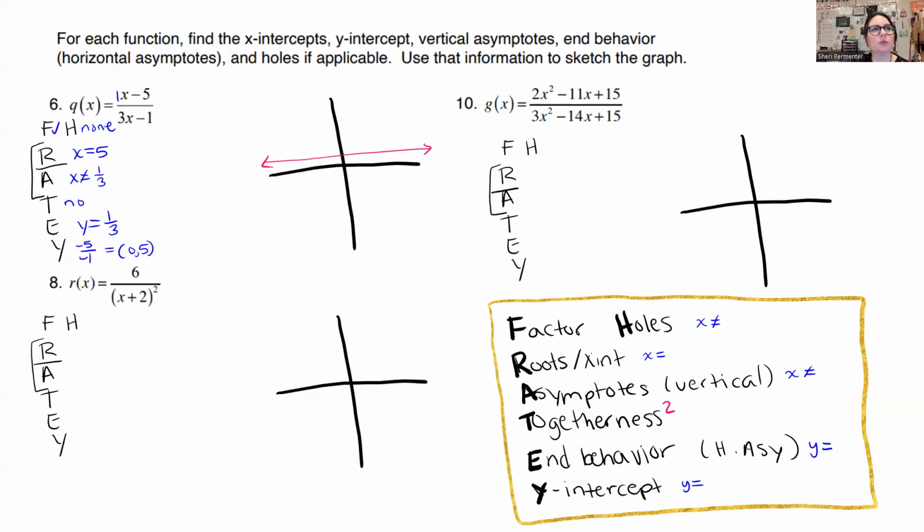So I've got y is equal to 1/3. My x-intercept is at 1/3. My intercepts, I have 0, 5, and 1/3, 0.